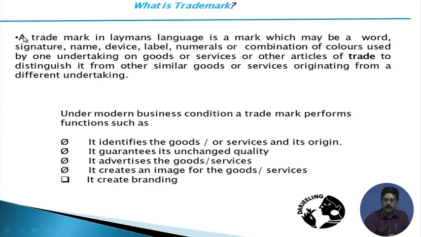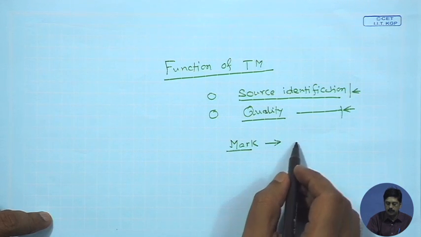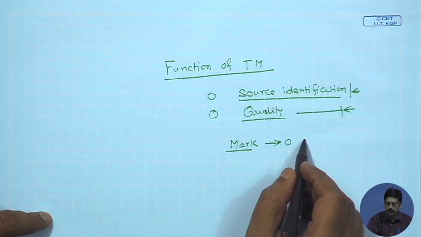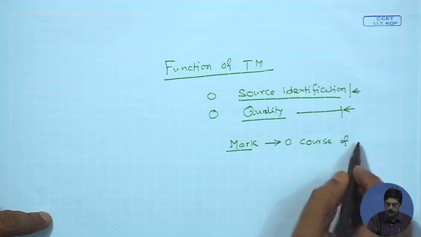If you go to the legal definition, trademark as per Section 2(zb) of the Trademarks Act 1999 means a mark used in the course of trade. So, the mark should be used in the course of trade.